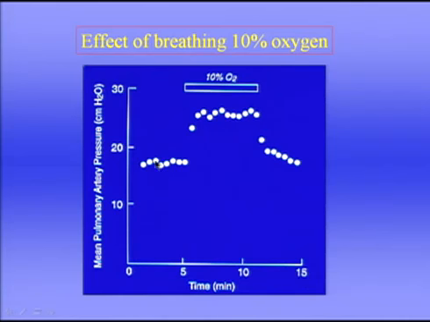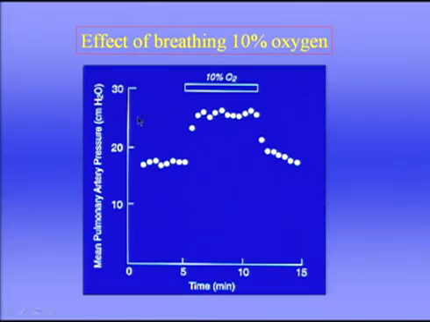Initially, the animal is given air to breathe with 21% oxygen, okay? And then we turn over rapidly to giving the animal 10% oxygen to breathe. Well, of course, 10% oxygen means that the alveoli have a low PO2. The gas in the alveoli is hypoxic.